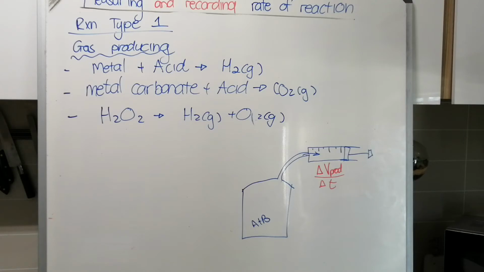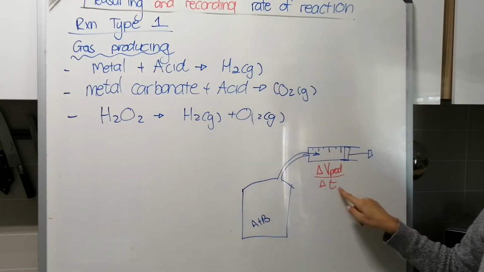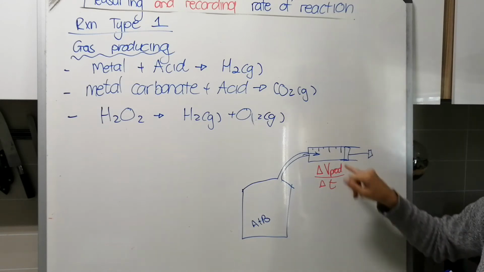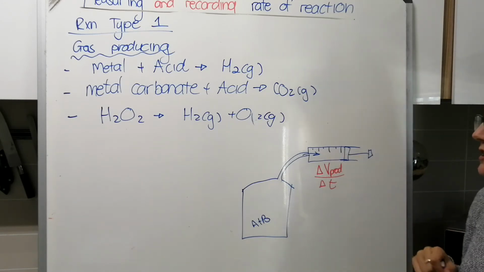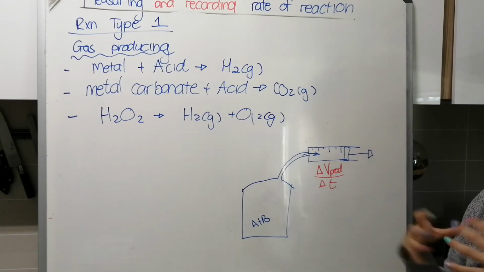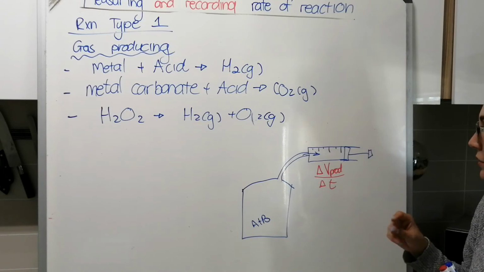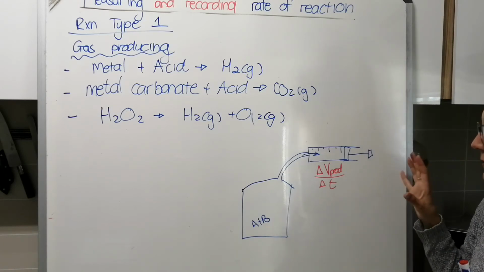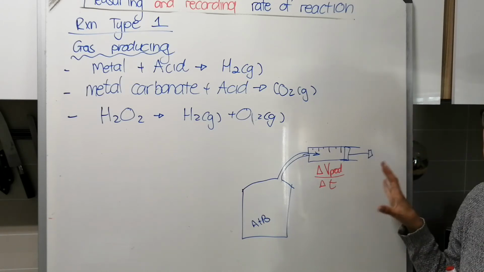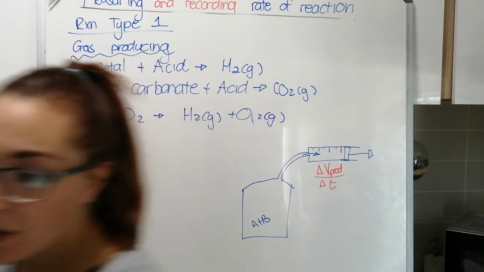So with any of these gas-producing reactions, probably your best method of measuring the reaction rate is to measure the amount of gas being produced per unit time. Now obviously the volume of gas being produced is not going to be entirely accurate because gas is very compressible. But if you're keeping the temperature and the pressure constant, then measuring the volume shouldn't be a problem.